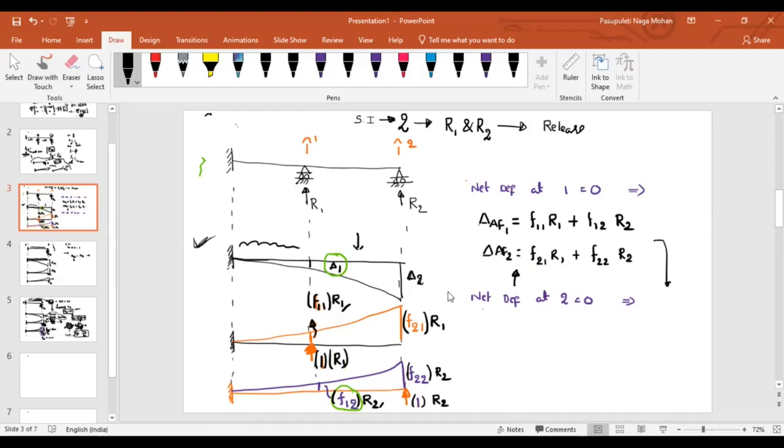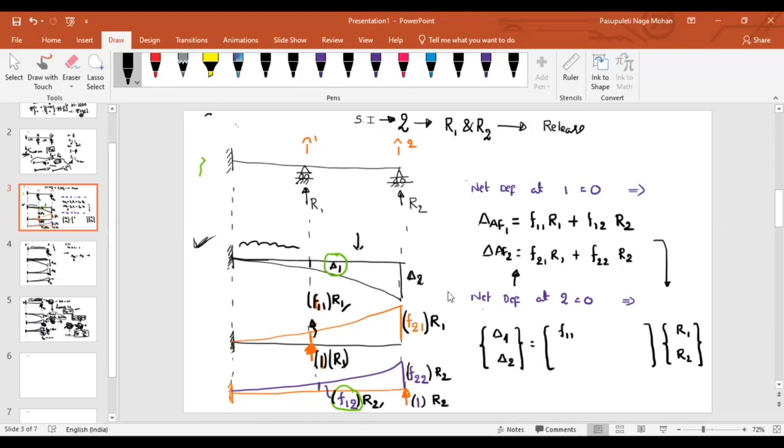So how does this look if I write this in terms of a matrix? This is due to applied force along direction 1, due to applied force along direction 2. That should be equal to, here this is R1 and here this is R2. Isn't it? Now, what about this magnitude?